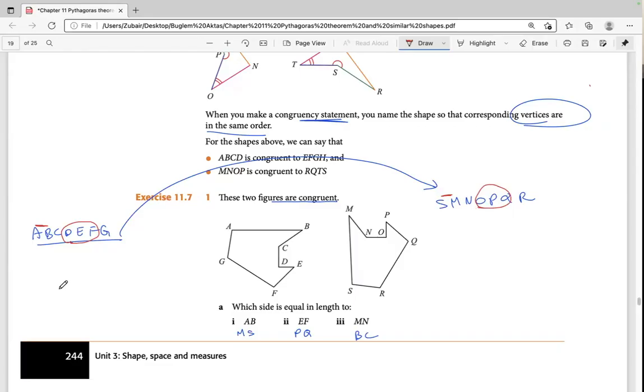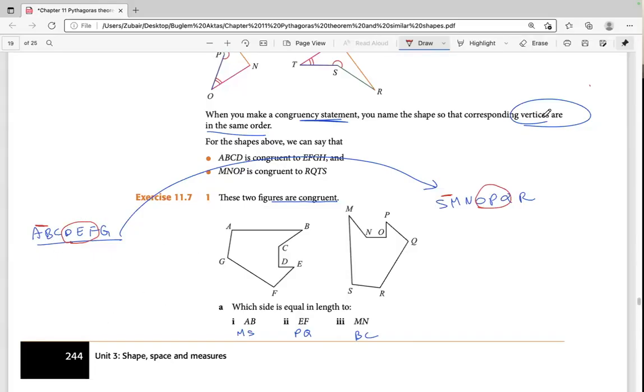Now see, is it so? Because we wrote the corresponding vertices. So first two correspond to first two, second two, third two. Everything will correspond to each other because we wrote the corresponding vertices in order.